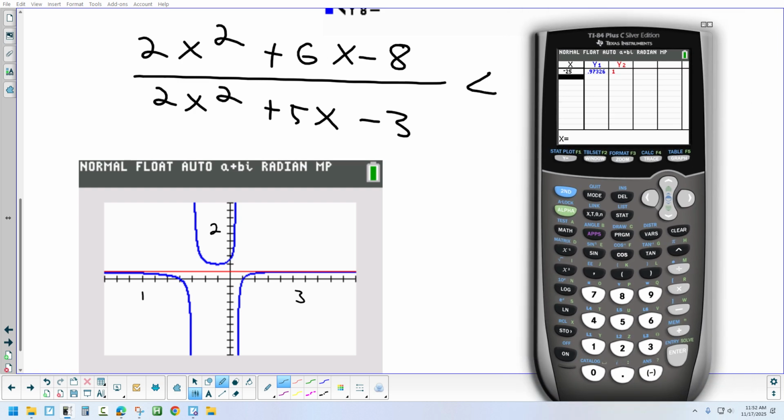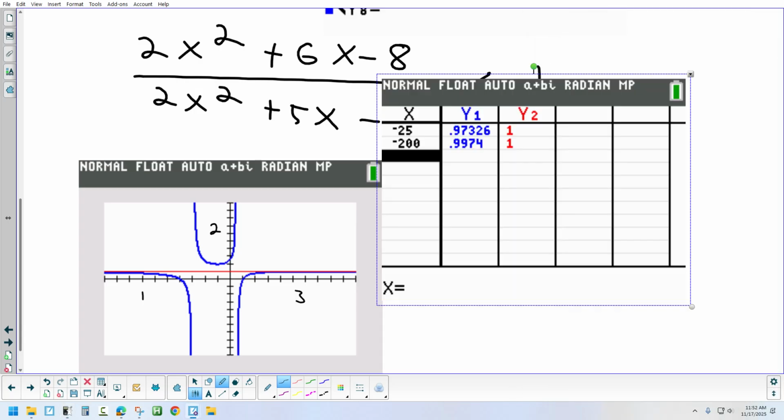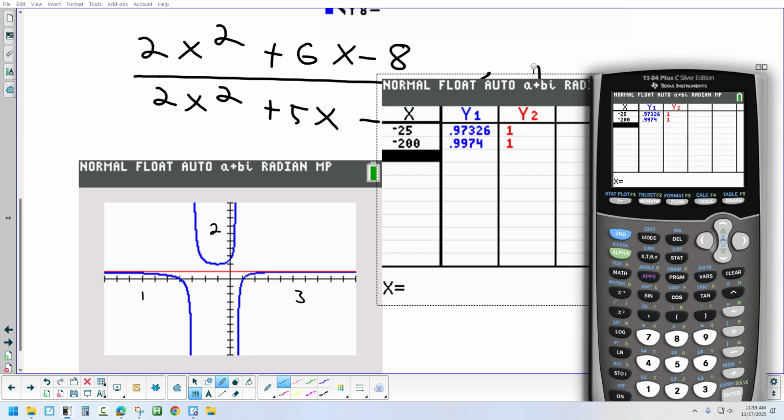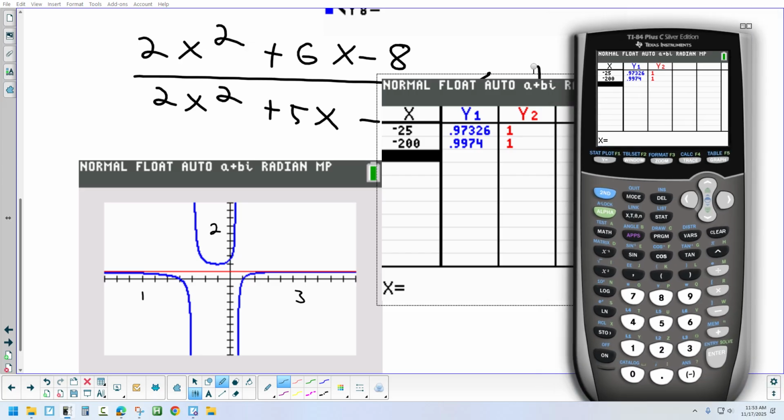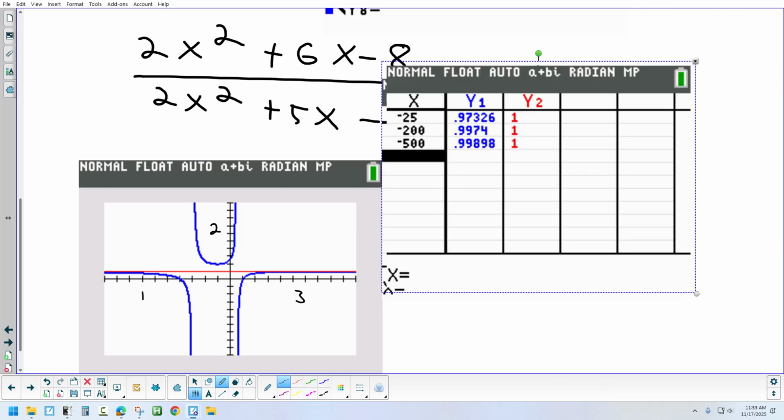Yep. Let's do negative 200. Is the blue graph still under the red graph? Okay. If we start to go out this far, and it hasn't gone above it yet, negative 500, is it still under it? Then it's probably always going to stay under it. Okay, I've gone all the way out to negative 500, and the blue one is still just underneath the red one.